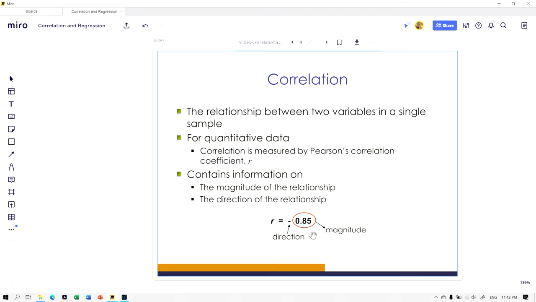Let me repeat that again. In an inverse relationship, if a value of one variable increases, the value of the other variable will decrease. They are moving in opposite directions. Similarly, if one decreases, the other one increases, again in opposite directions. If the changes are in opposite directions, we say that they are inversely related.